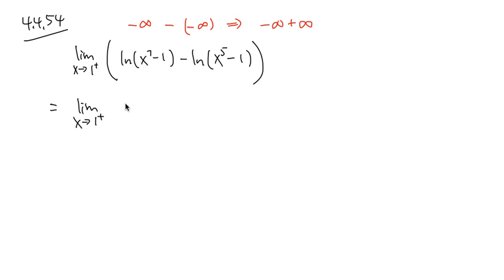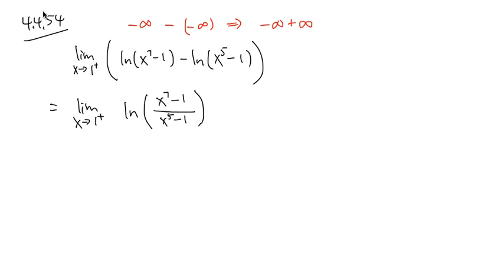These 2 ln can be combined into 1 ln because you are subtracting. So you just take the top, which is x to the 7 minus 1, divided by x to the 5 minus 1. Once again, if you're subtracting 2 ln, you can combine it into 1 ln, but the inside becomes a quotient. The first divided by the second, like this.